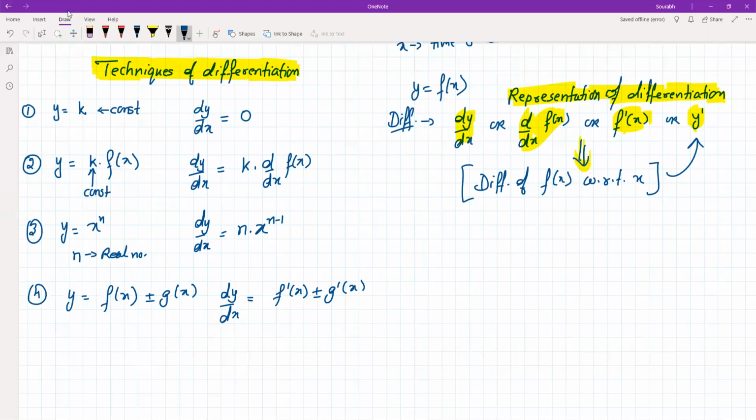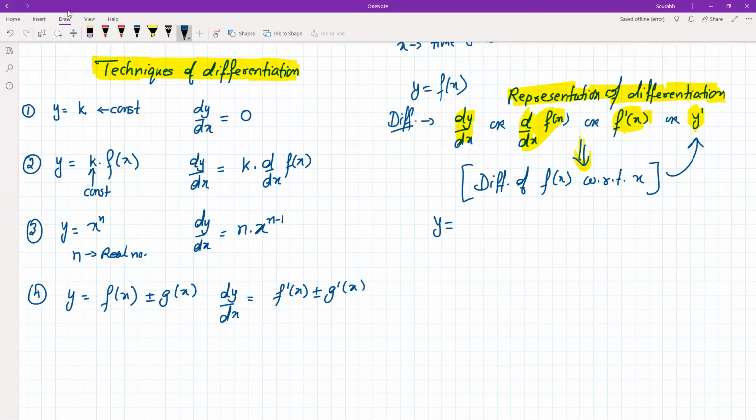That is, you differentiate one function and then you differentiate another function, or keep on doing that with that plus or minus sign. Correct. Now we'll see examples, and then that's how we'll understand.